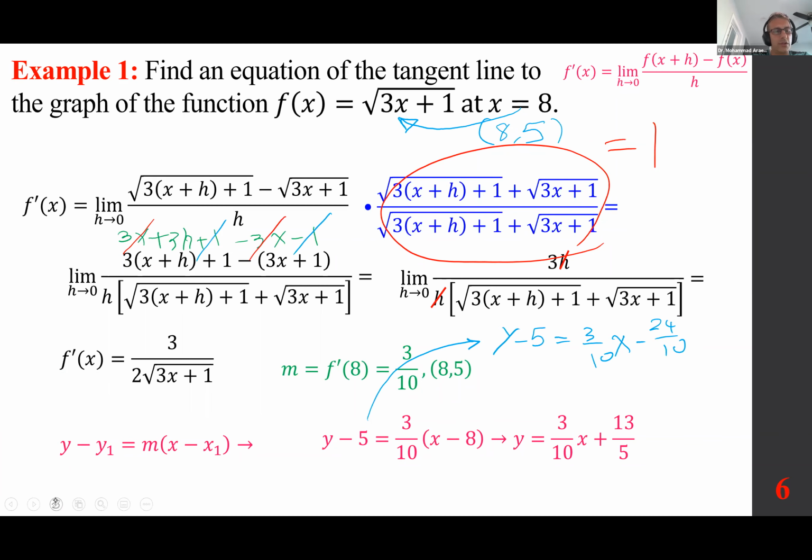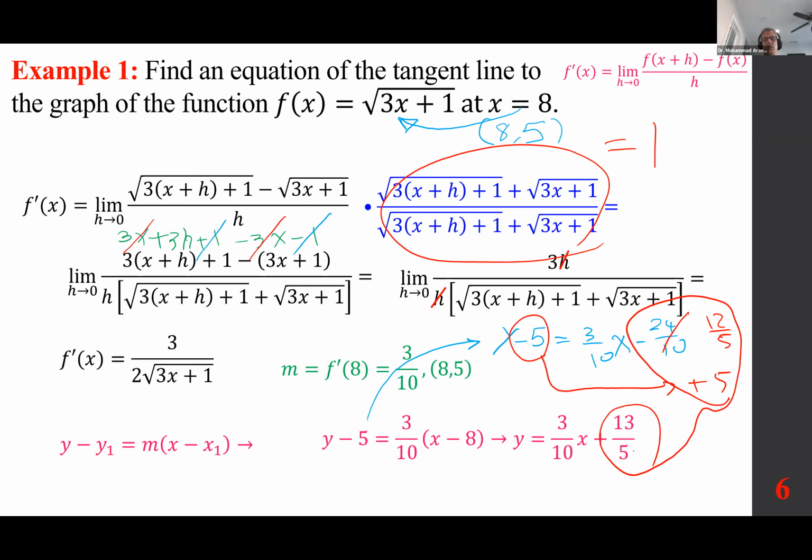Now 24 over 10 is 12 over 5. So minus 12 over 5 and positive 5 give us 13 over 5. Okay, that's the final answer. So y equals 3 over 10x plus 13 over 5.